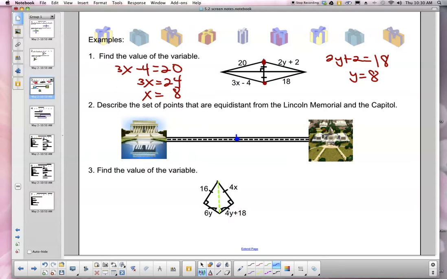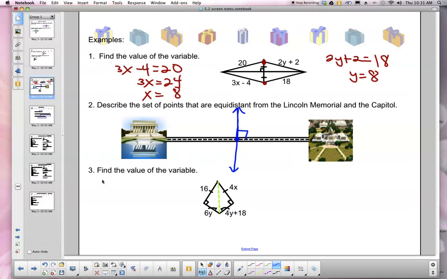And whatever road this is, every point on that road would be the same distance from the Lincoln Memorial as it is from the Capitol. Not just this point, but every point on the perpendicular bisector would be the same distance from both places.